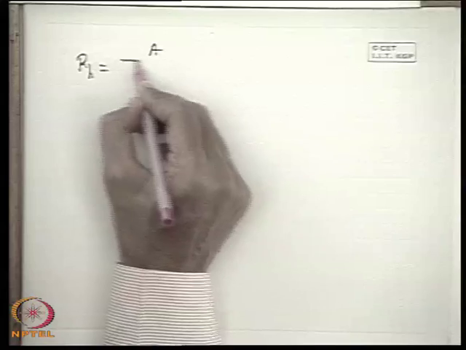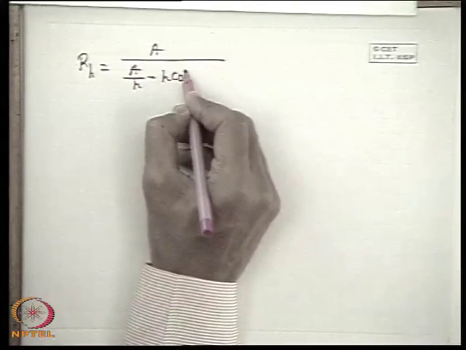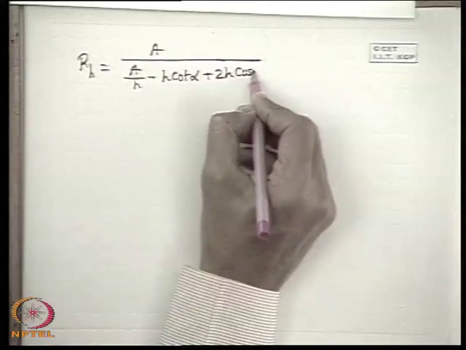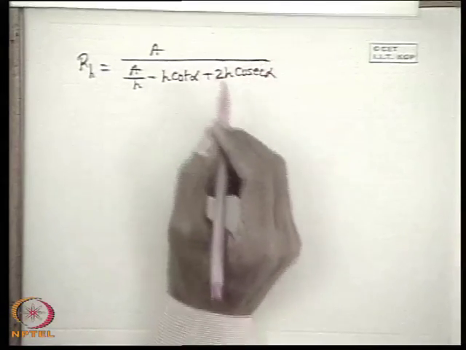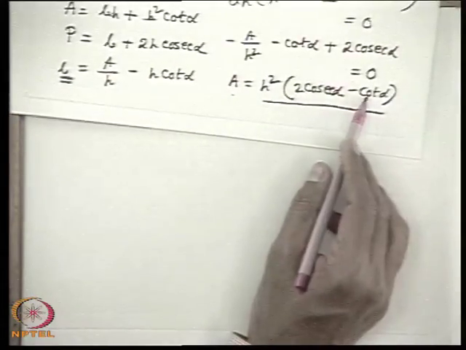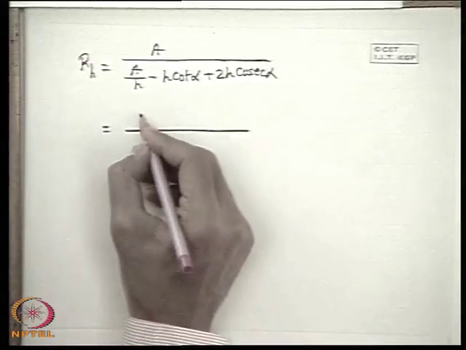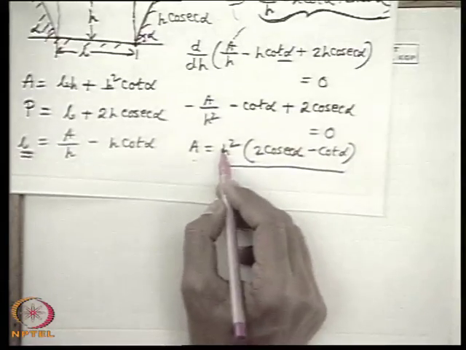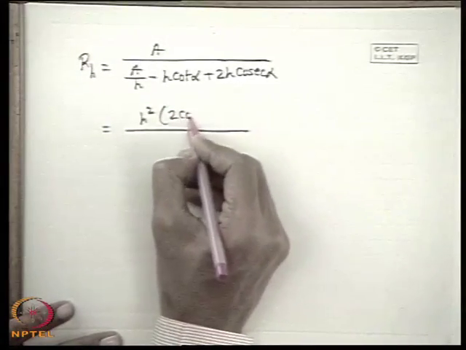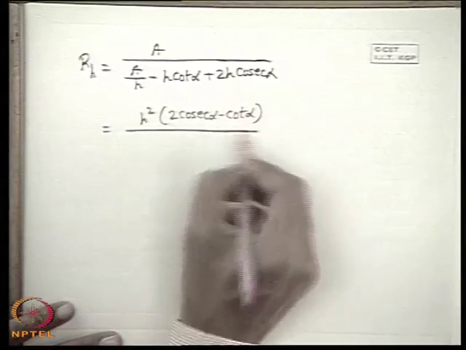RH is A by, H minus H cot alpha plus 2H cosec alpha, and we have got A as H square into 2 cosec alpha minus cot alpha.